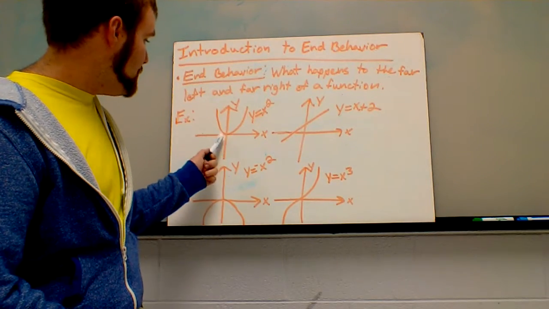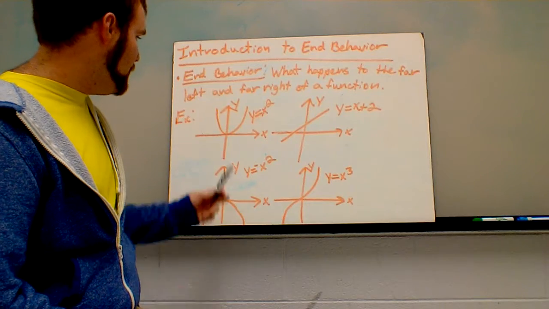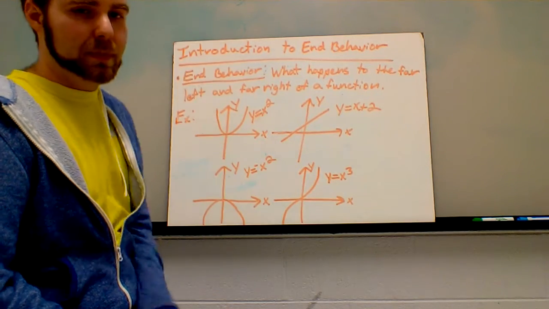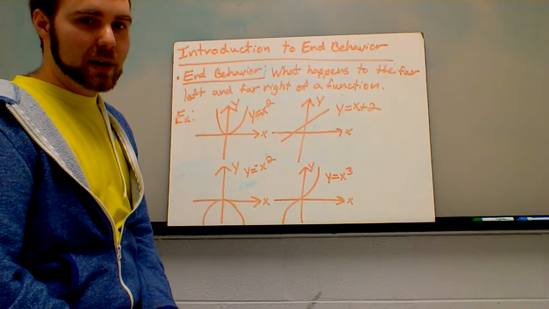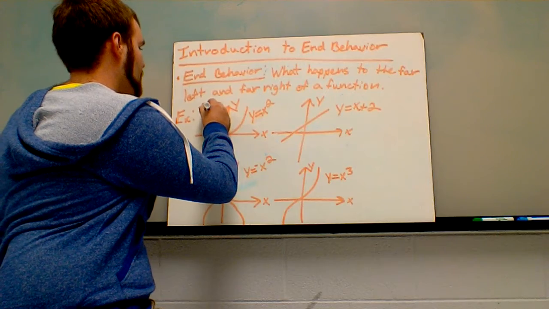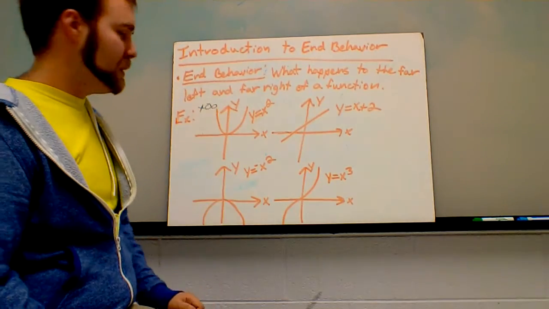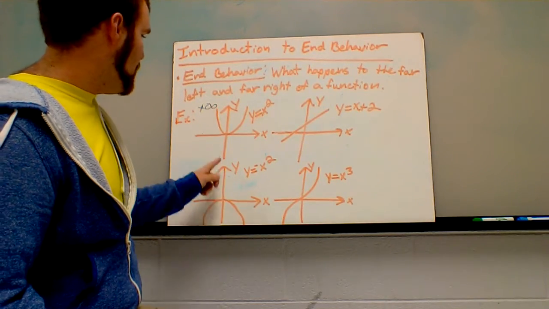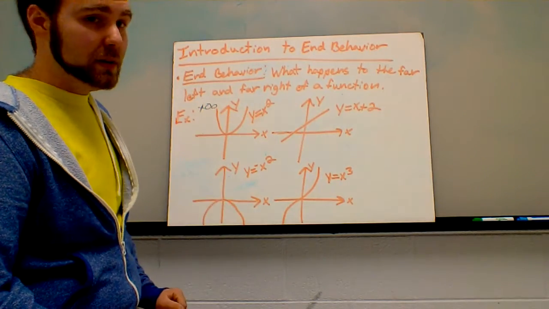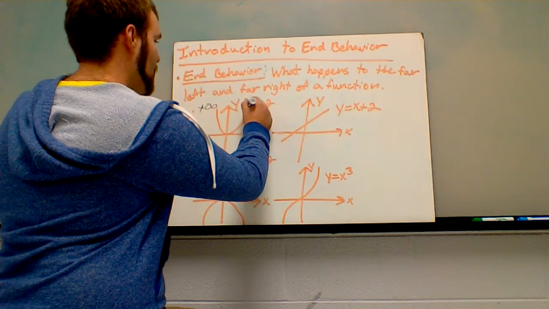So as my x's get really, really negative, this function is just going to keep going up and up and up. We're going to say that that goes to positive infinity. So that's what the left side of my function is doing to the far left. And then to the right, it's also going to positive infinity.